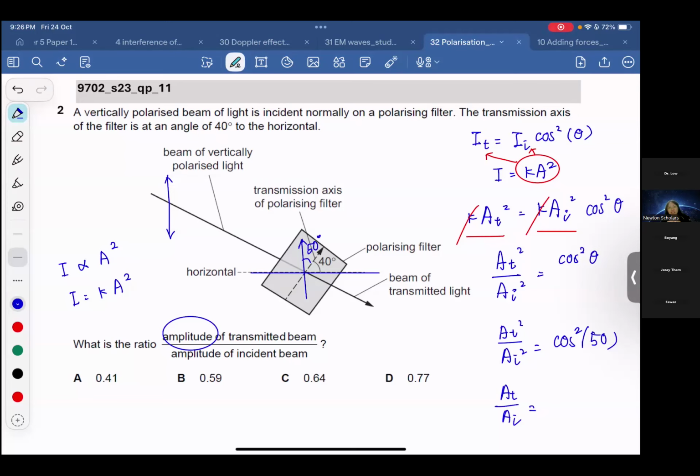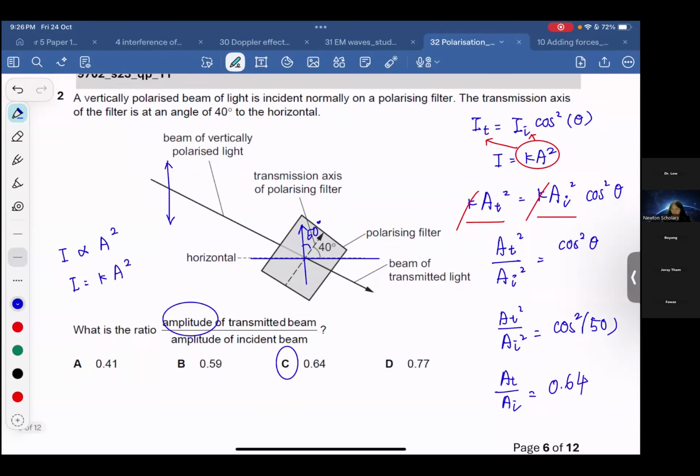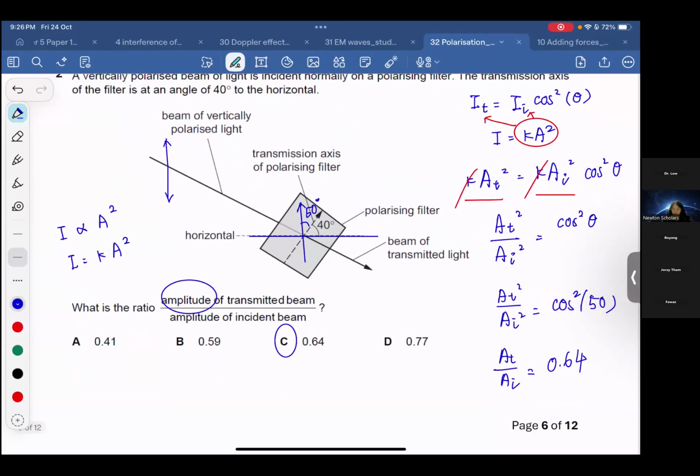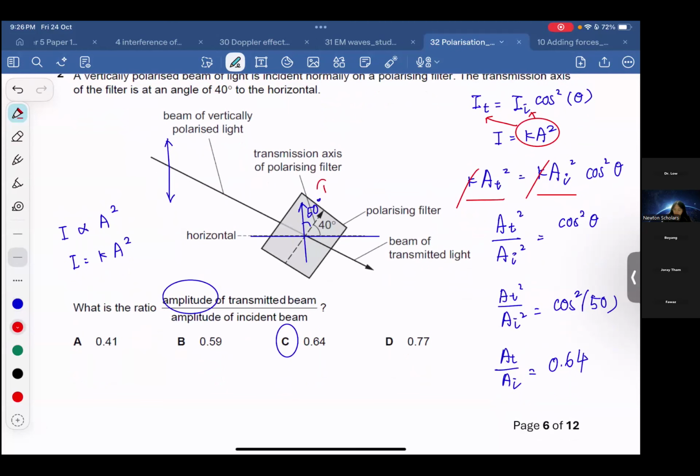So we just combine these, then move terms here and there. So your answer should be C. Two things you have to know for this: number one, 50. Number two, I equals K A squared. Is it okay?